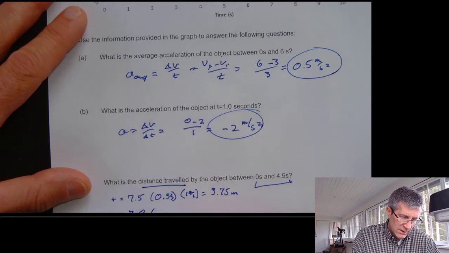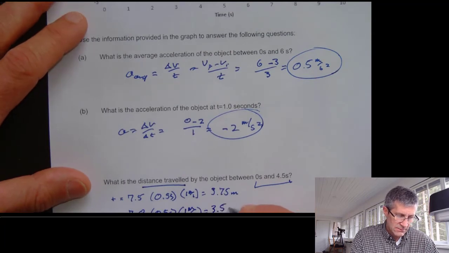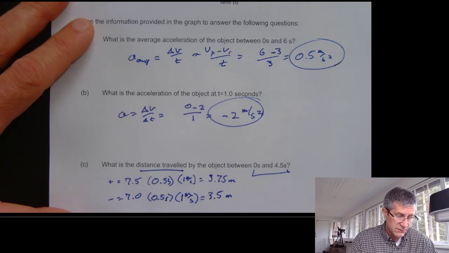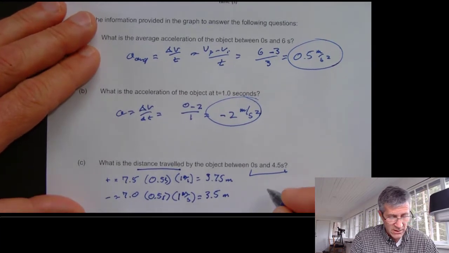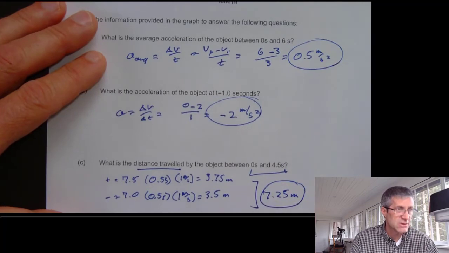Again, each square is 0.5 seconds times 1 meter per second, so I'm going to end up with 3.5 meters in the negative direction. If it's asking for the displacement, I would subtract these two, because one's the positive direction, one's the negative direction. For distance traveled, I'm going to add these two together. I'm going to get 7.25 meters is the distance that's been traveled. Trick question.